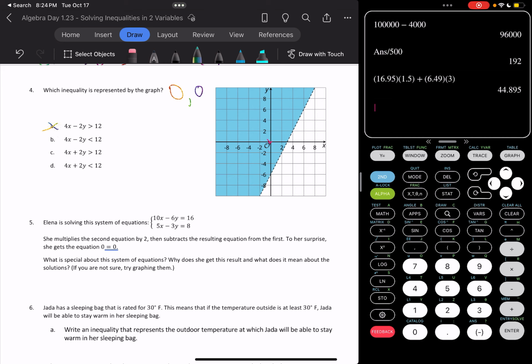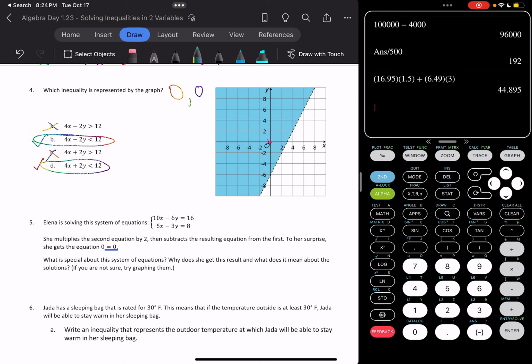No. 0 minus 0 is less than 12? Yes. 0 plus 0 is greater than 12? No. 0 plus 0 is less than 12? Yes. So technically these two options in terms of picking a point work.